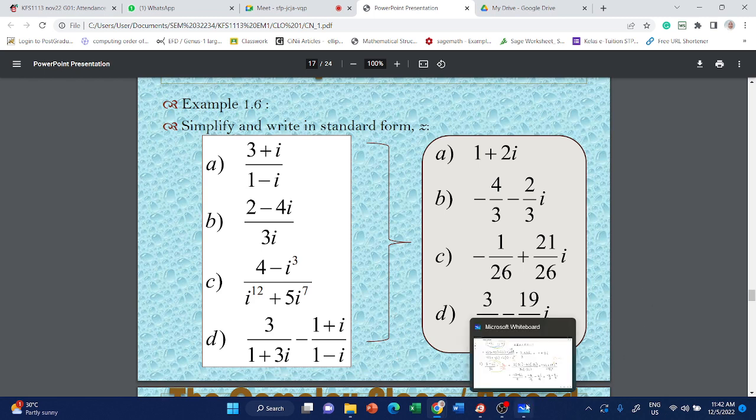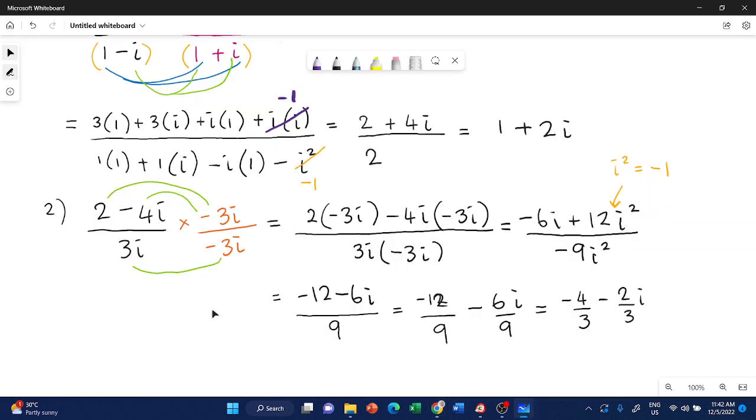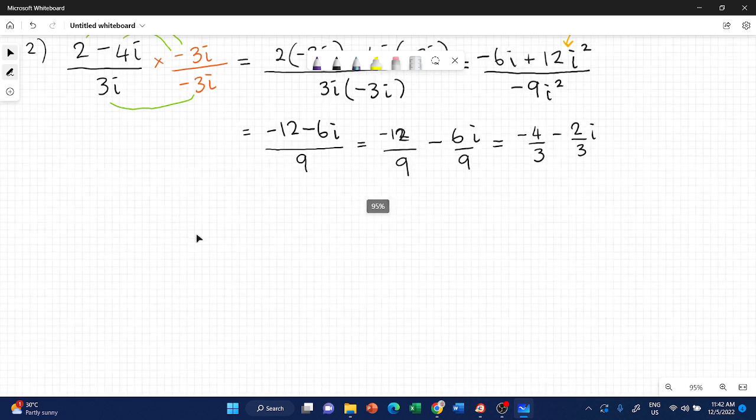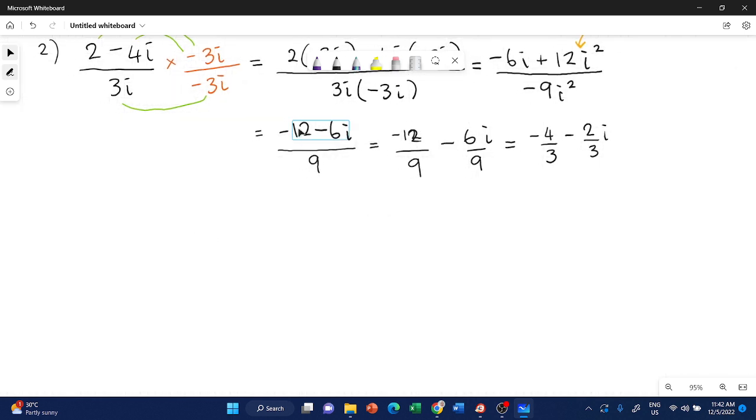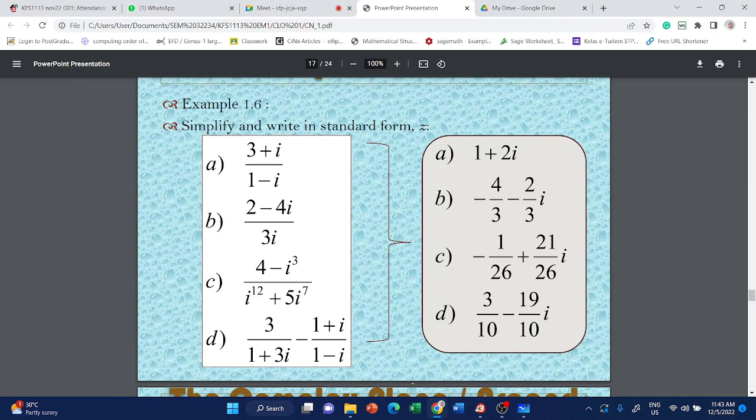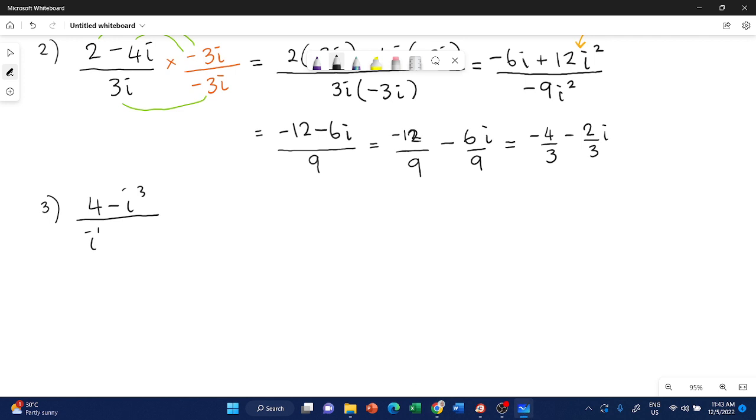Okay, for C, let's see here. How do we do the process?